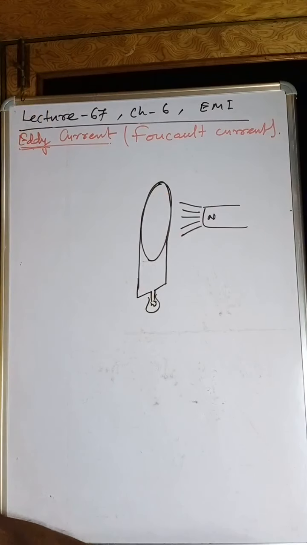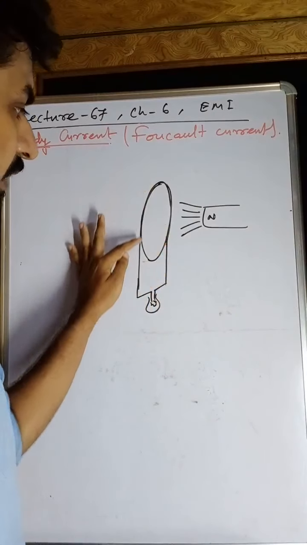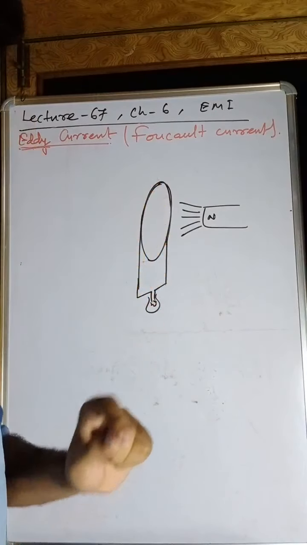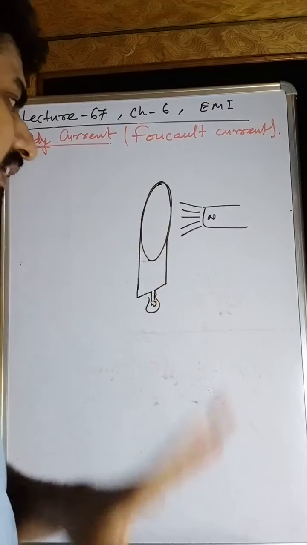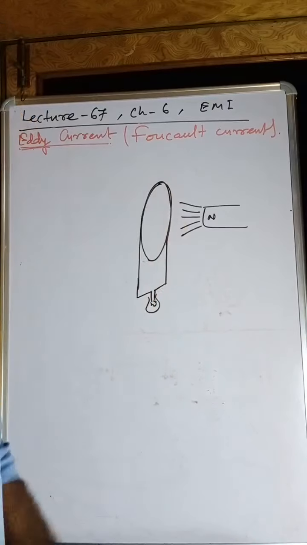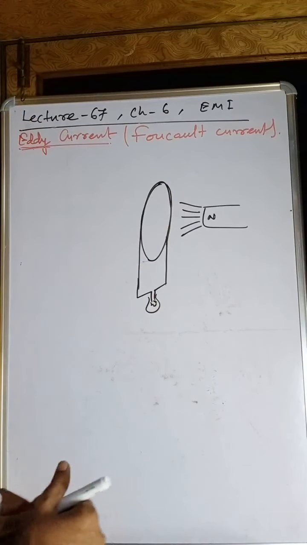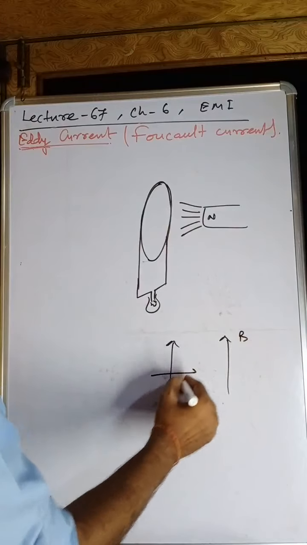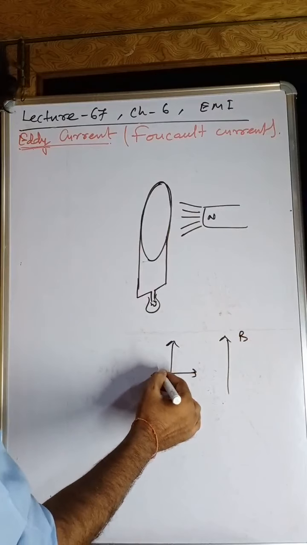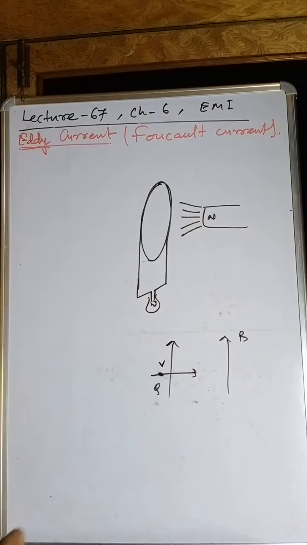So my dear student, I explained to that student, this coil is a conductor and the conductor has free electrons. And these free electrons can move within the conductor. We know that if any charge is projected, if this is the magnetic field and you project any charge inside the magnetic field, what happens?